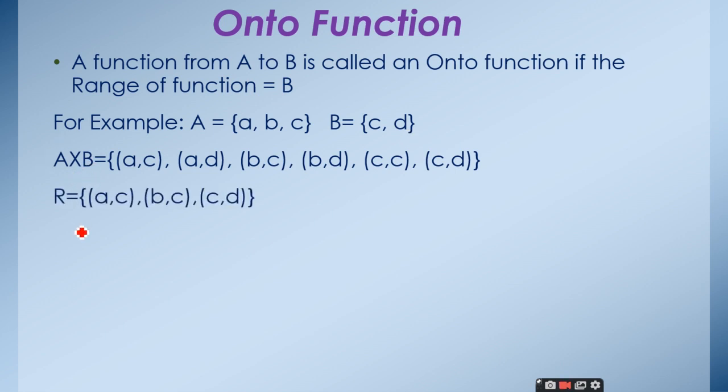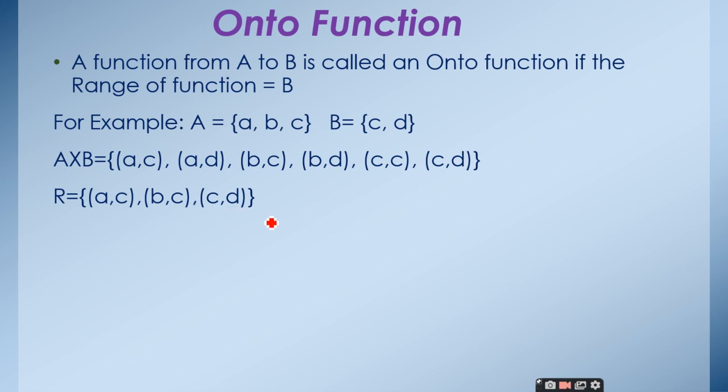In the relation, I have taken the elements (a, c), (b, c) and (c, d). So this is a function because the domain of the relation is equal to set A, as you can see, a, b, c, and every element of A is associated with an element of B.